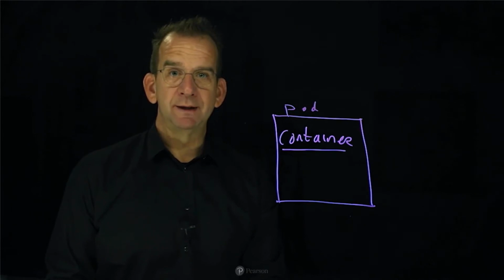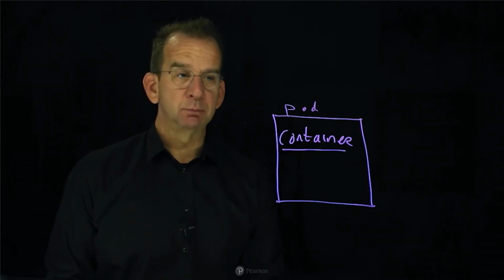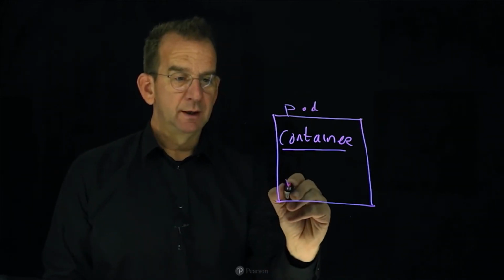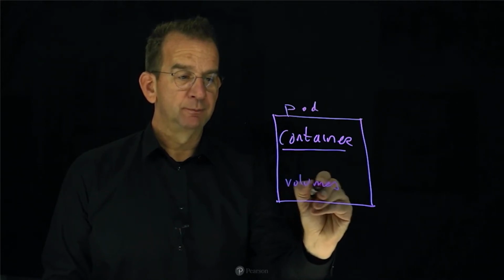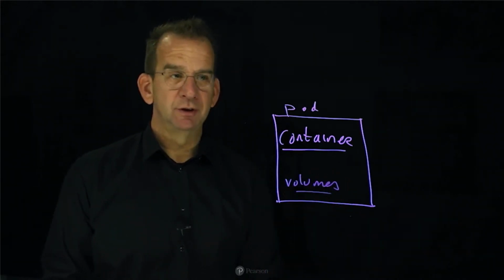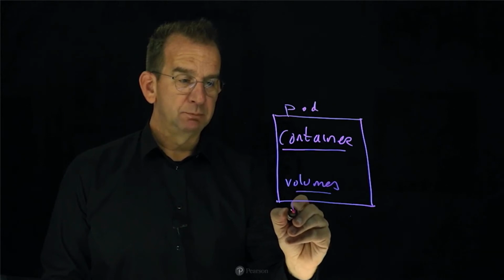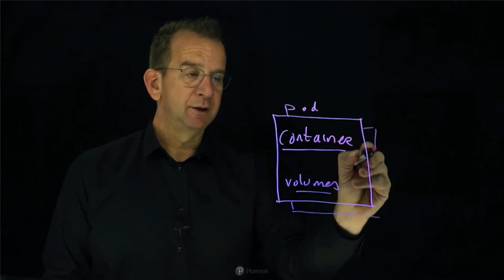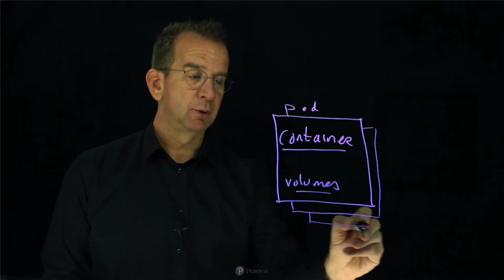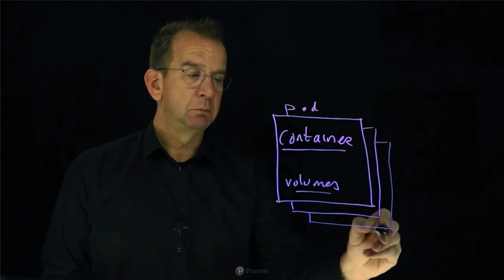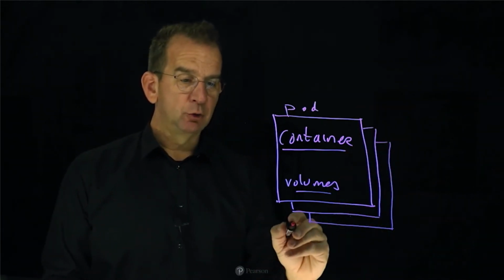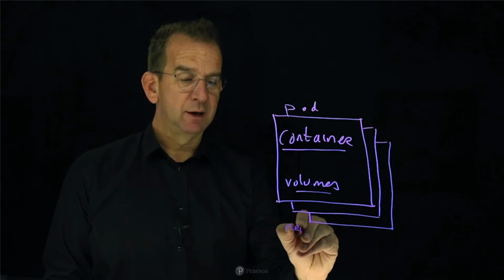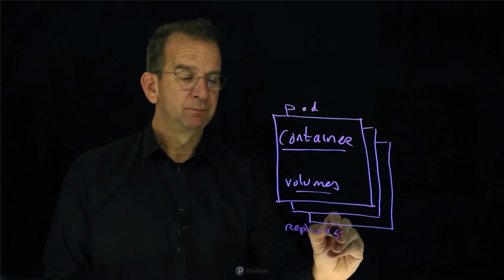In the pod you will find different cluster-related properties that are important, like volumes, for instance, which take care of storage. Now this pod is being managed in a replicated way. So in most cases you won't have one pod, you will have multiple pods. And in order to take care of the replication, there is a replica set.